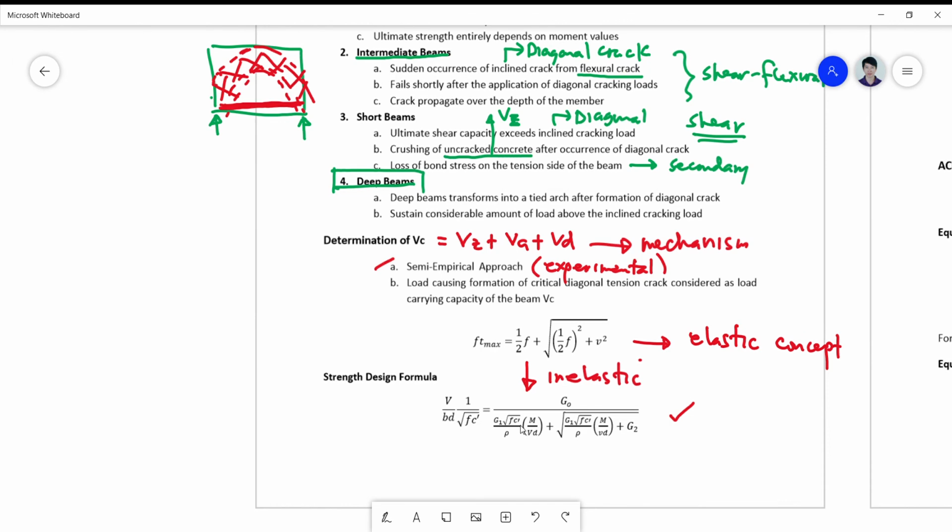This is the square root of fc prime, M over Vd, and rho. Okay, so I just want you to pick these three variables because these are the important variables to consider in your formula.